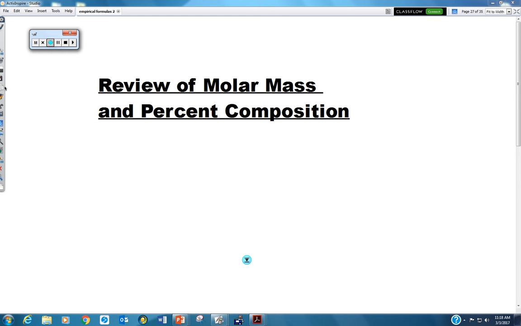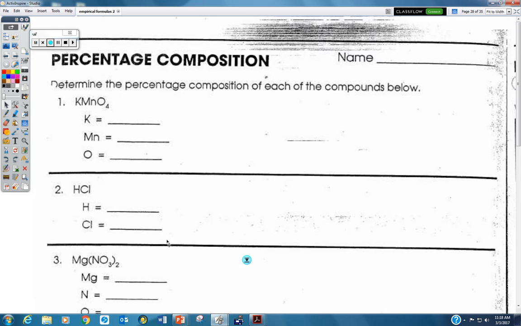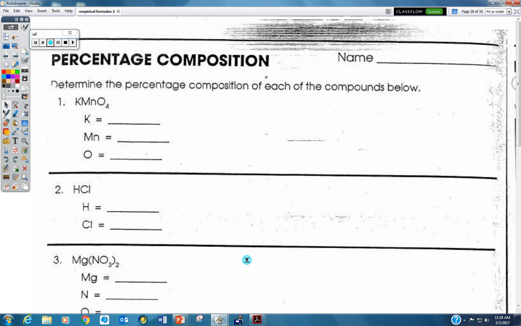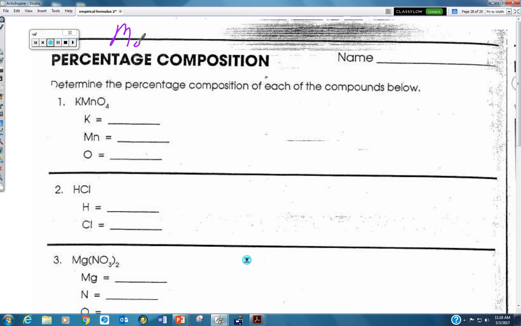So to start off with, we are going to look at percent composition, but we're really going to be looking at molar mass and percent composition at the same time, because in order to determine percent composition, we have to know molar mass. Alright, so let's get started.